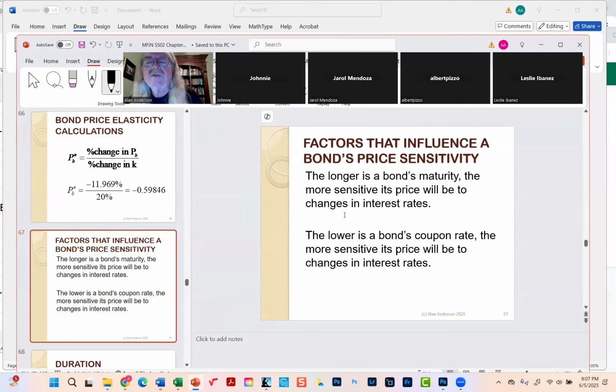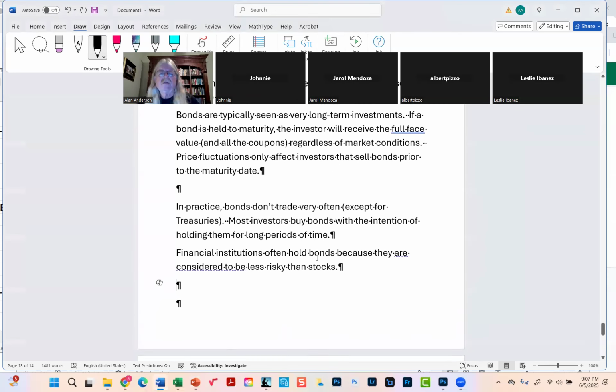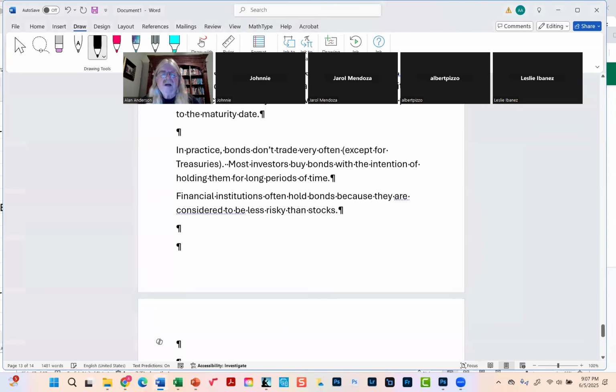By the way, what is it that's driving this? Well, just in general, a bond's price elasticity increases with its maturity and decreases, now this is one that's hard to explain or visualize why, with the size of the coupon.